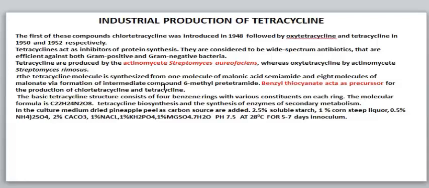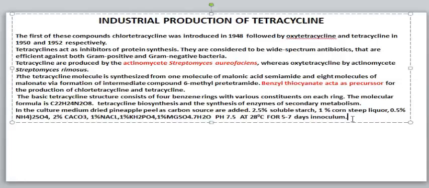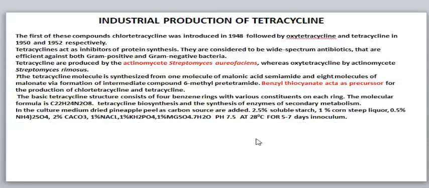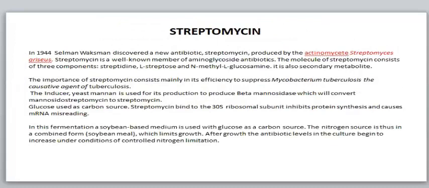It is produced by Streptomyces species, and benzyl thiocyanate acts as a precursor for the production of chlortetracycline and tetracycline. There are certain sources like nitrogen source, carbon source, calcium carbonate, NaCl, and the medium constituents are added. After completion of the incubation period, further downstream process will be performed, and then the tetracycline will be produced.